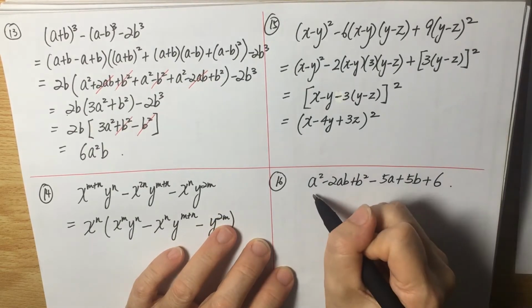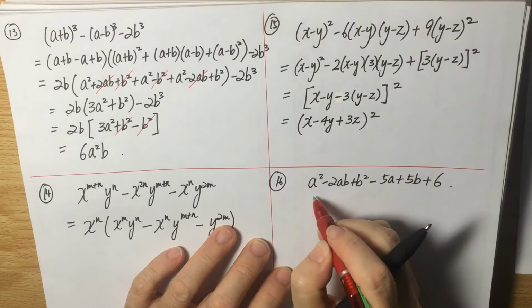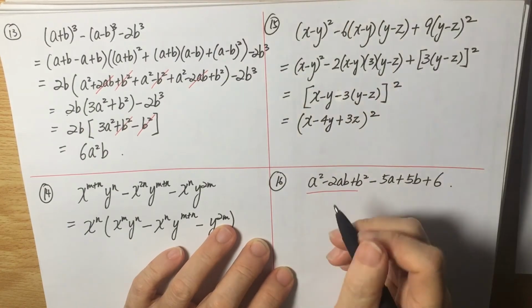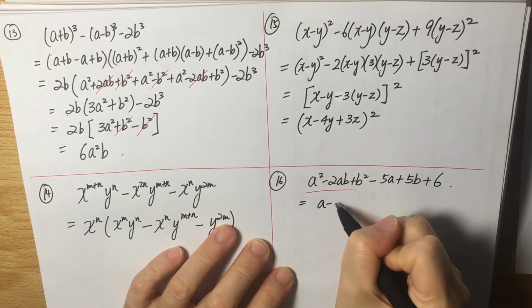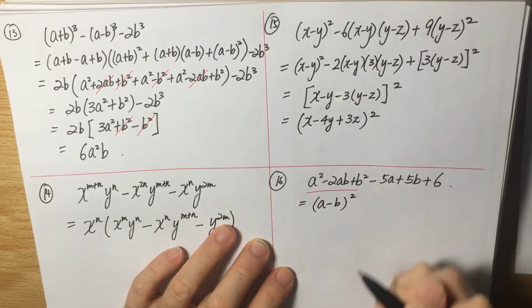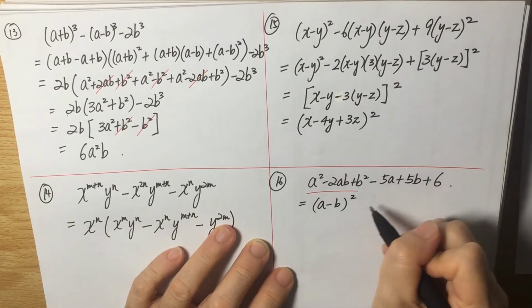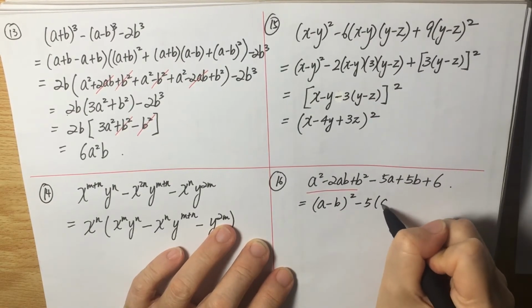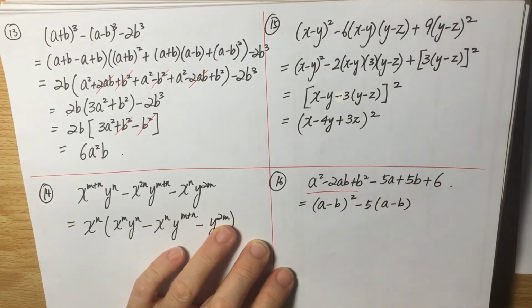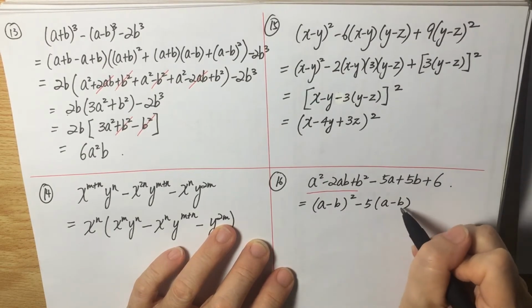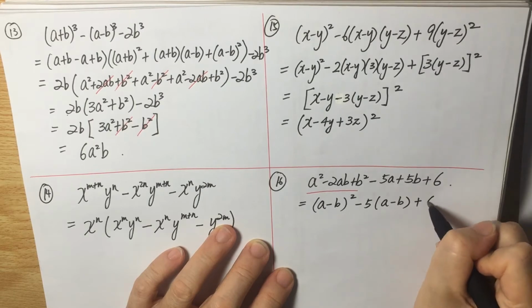Next, the three terms, a perfect square of a minus b. And so I'm going to change this into a minus b also. So take a negative 5 out, so I have a minus b, and then plus 6.